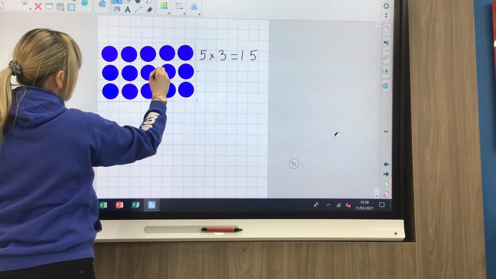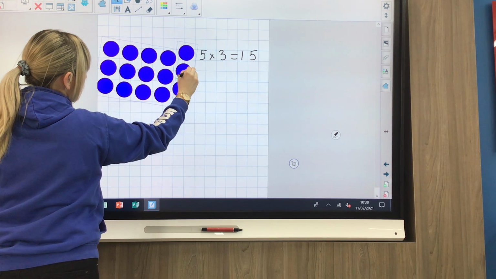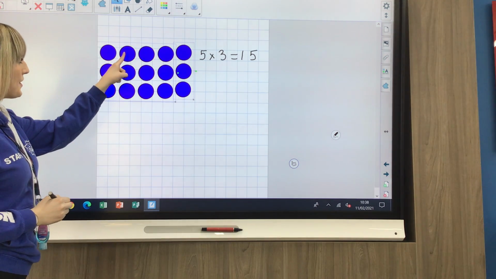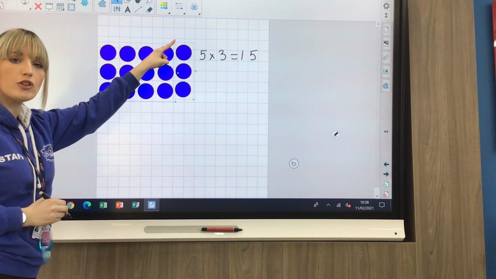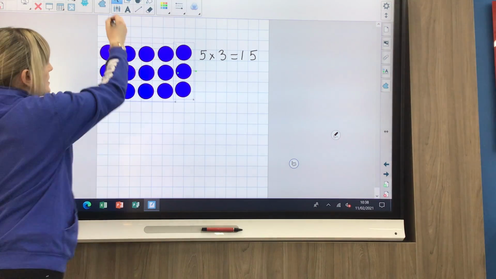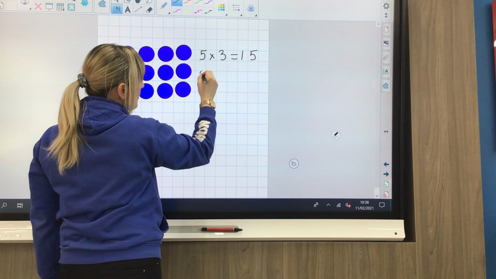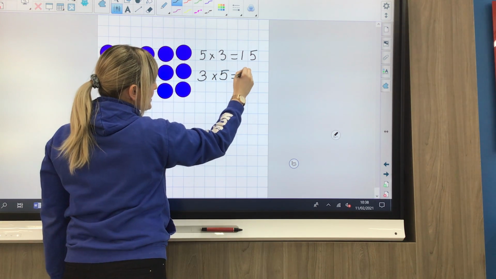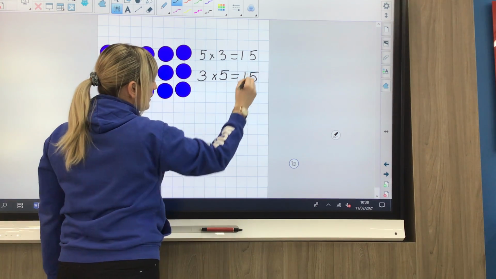Got to move it over a little bit. I've now got 1, 2, 3, 4, 5. So I've got groups of 5. 1, 2, 3. So my number sentence now would be 3 lots of 5 equals 15.